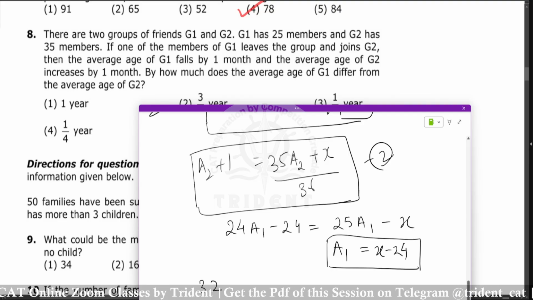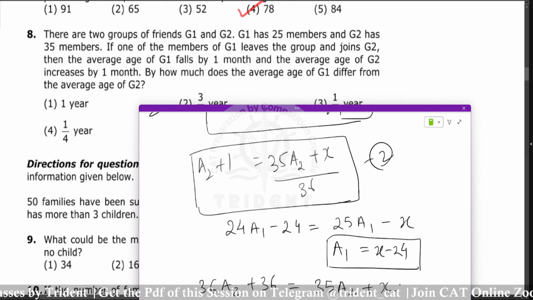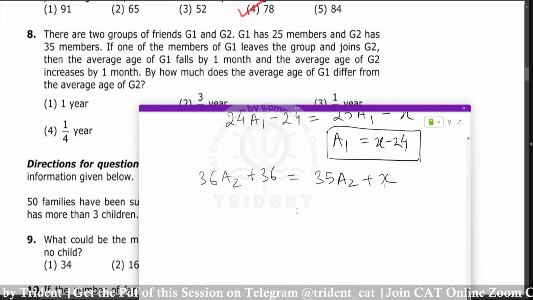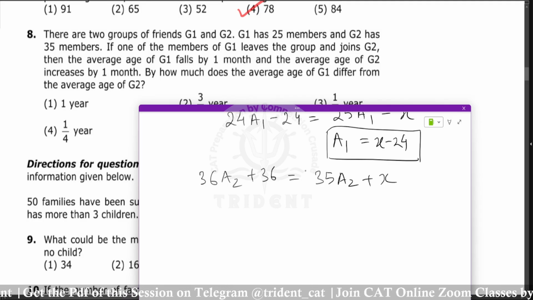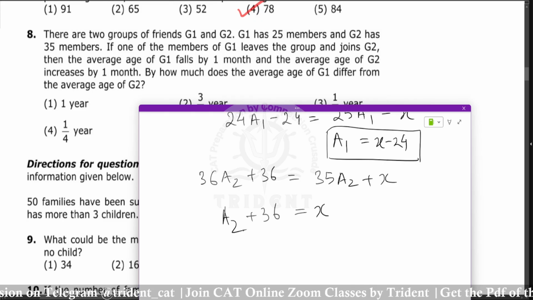So this is 36. Sorry, 36 a2 plus 36 is equal to 35 a2 plus x. Okay, I think it will be very easy now. I think I can see the answer. It's 12 only. So a2 plus 36 is equal to x.